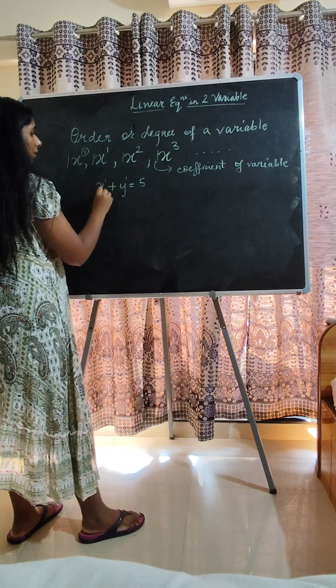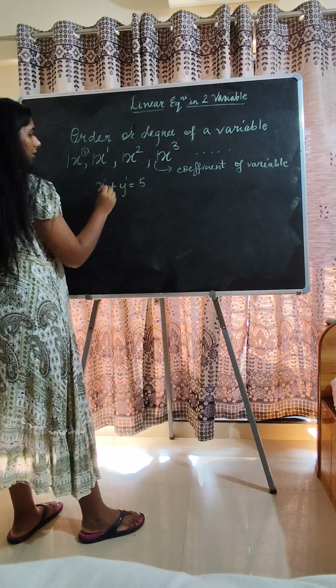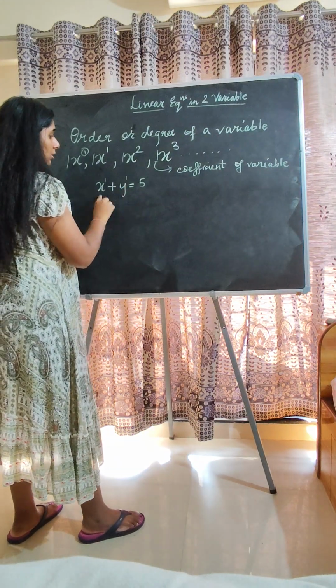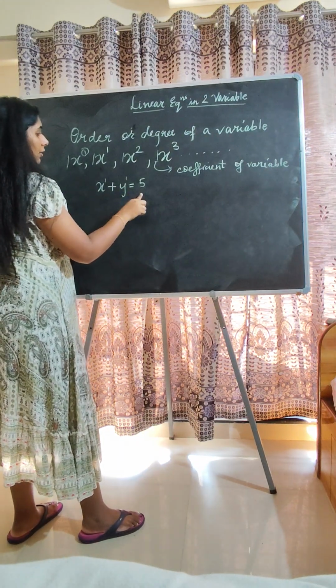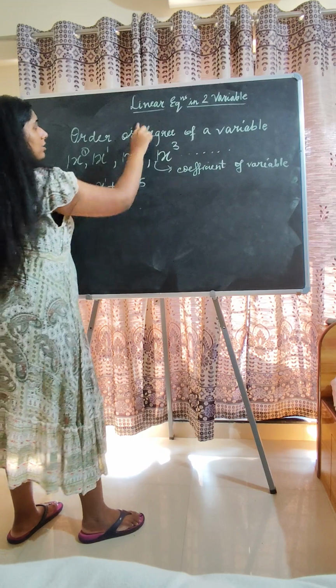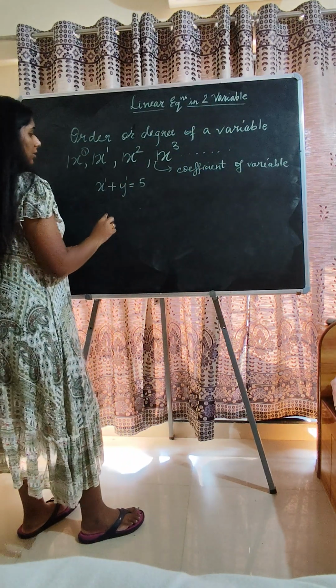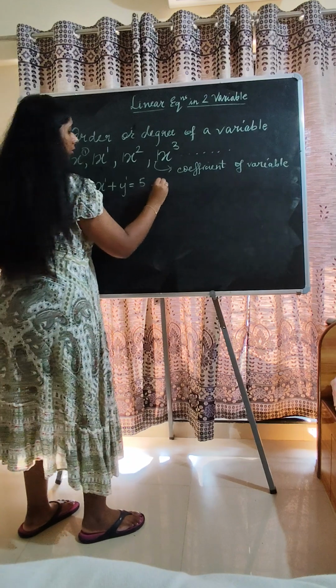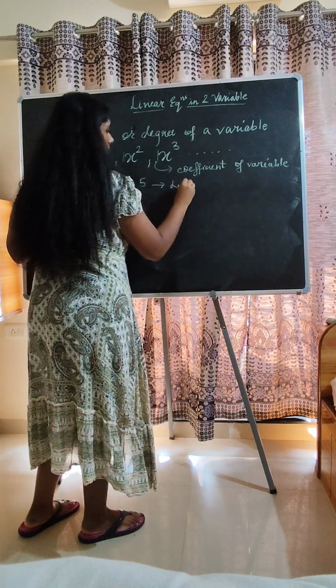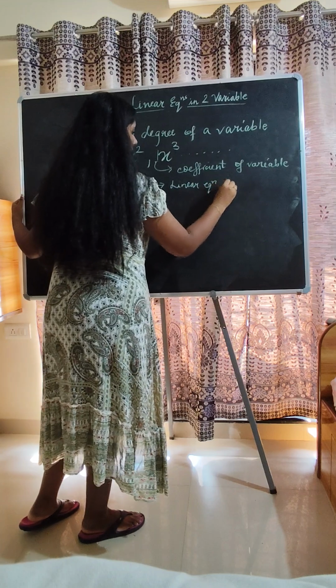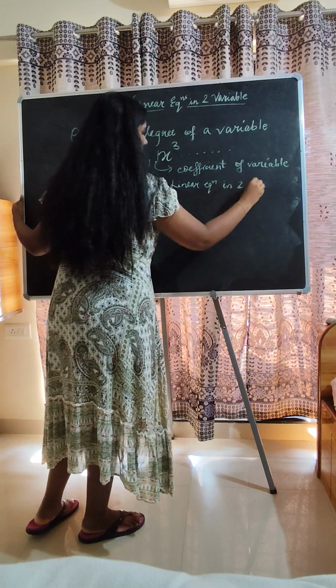When the order of the equation is 1 and you have two variables attached in the equation and a constant, then it is called a linear equation in two variables.